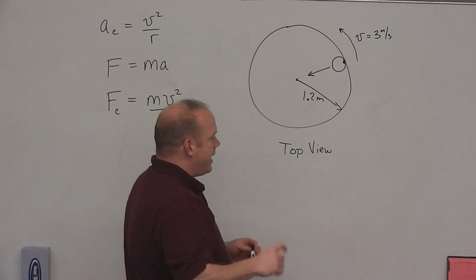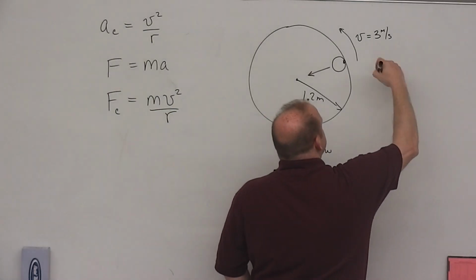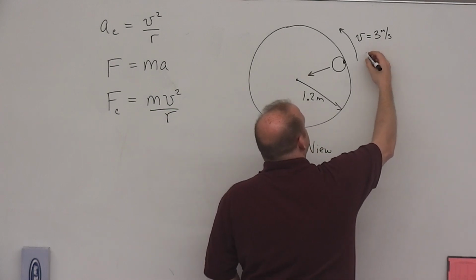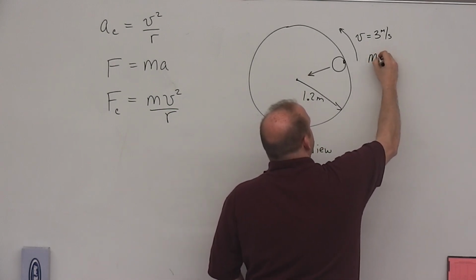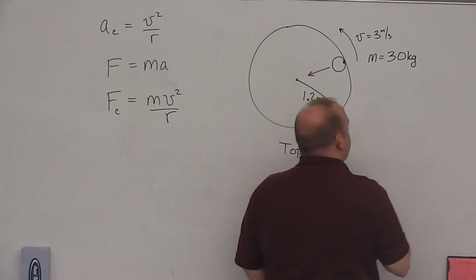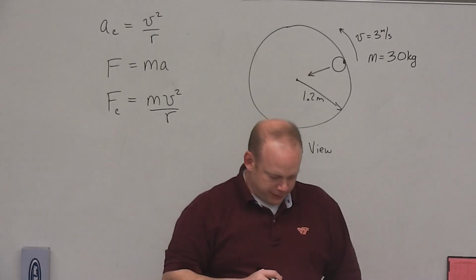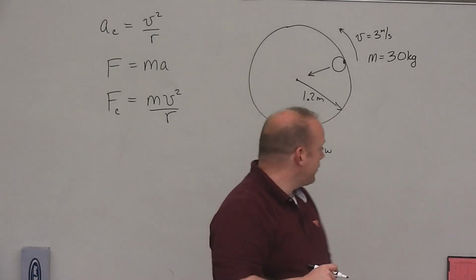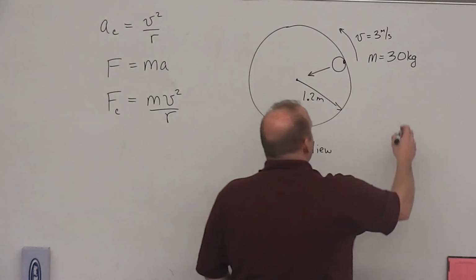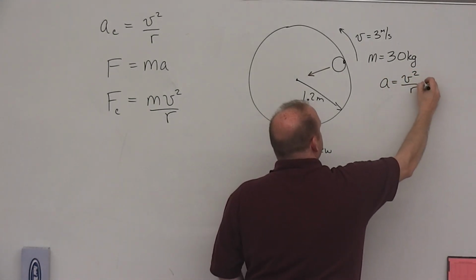Now, if I have to give you one other thing, the mass, this is going to be a kid on the merry-go-round. We're going to say the mass of the kid is 30 kilograms. That's about 66 pounds. So now, our acceleration is equal to v squared over r.